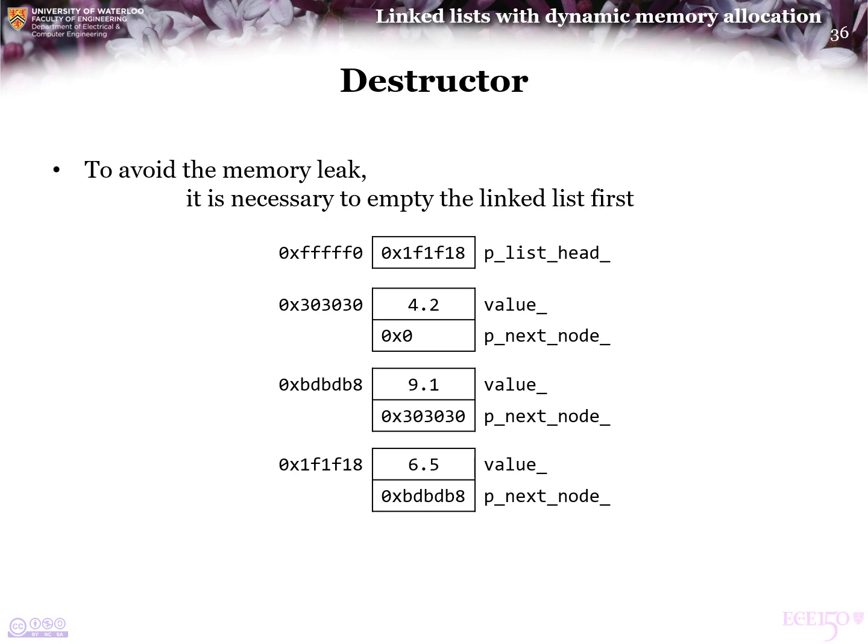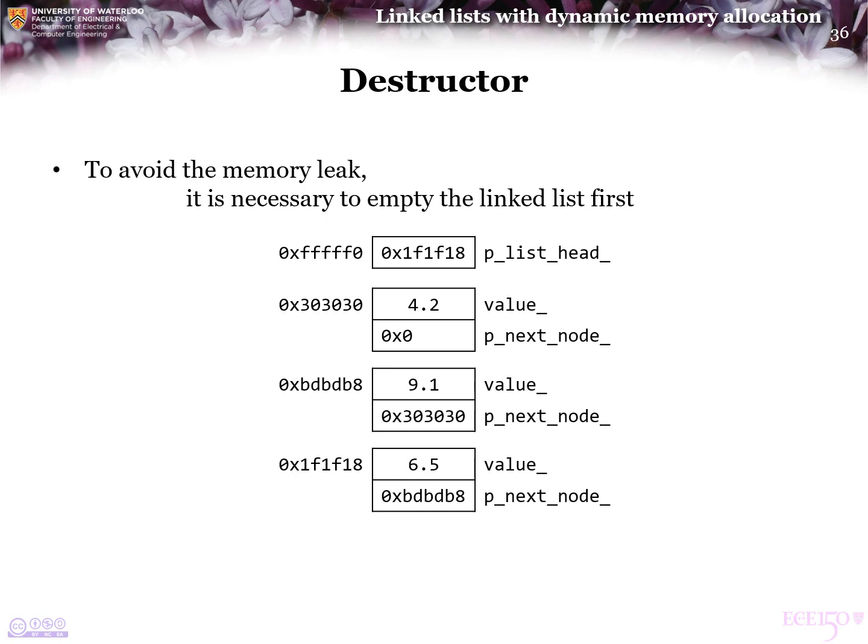Therefore, to avoid a memory leak, it is necessary to empty the linked list first. How would you go about doing that? Well, throughout this course, we've stressed using member functions that we've already implemented or using other functions that we've already implemented. So it's actually quite straightforward to implement the destructor.